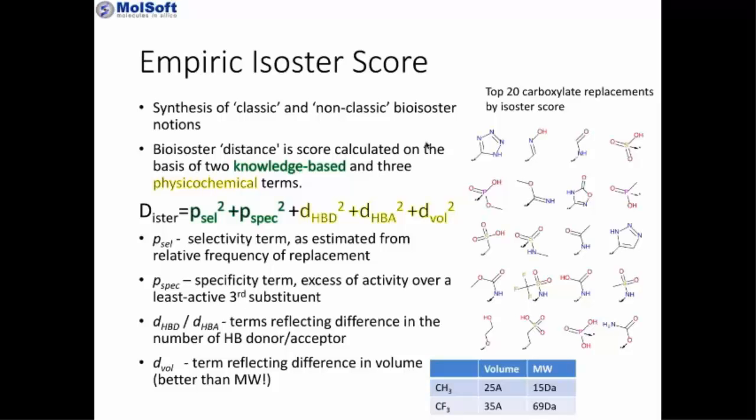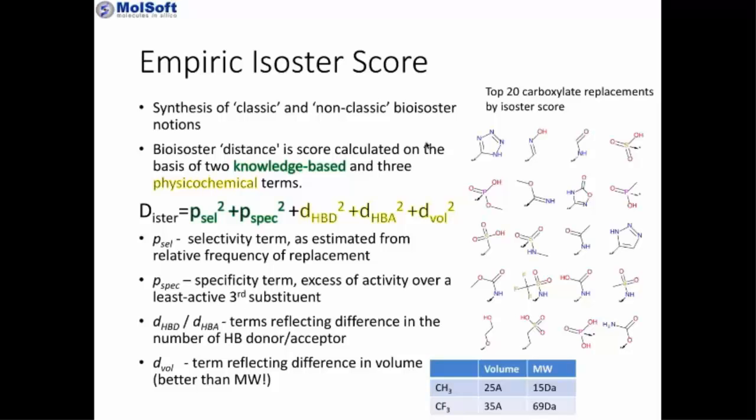Due to historical bias, in any particular SAR series, almost every group will be replaced, let's say, with a methyl and some other very common groups. So there is inherently always a fairly high frequency of certain groups that are just being tried so much that here and there they always pop up against any query group.